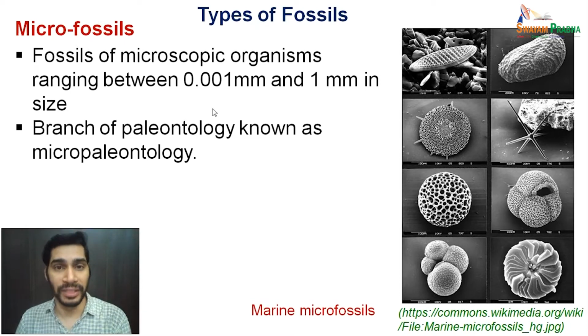As you remember, when we started the lecture, we talked about different subdomains of paleontology, and one of these subdomains was micropaleontology. So these microfossils are studied under this branch of paleontology, which we call micropaleontology. Here you can see some of these marine microfossils which are microscopic in nature.